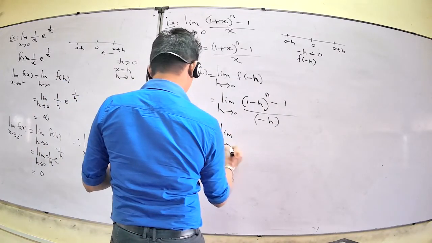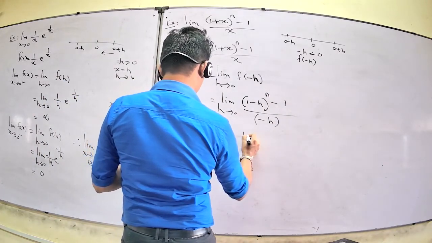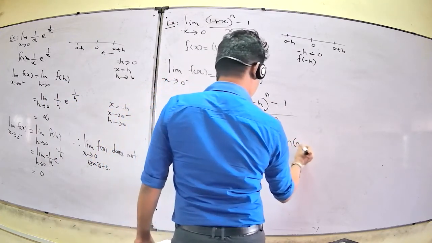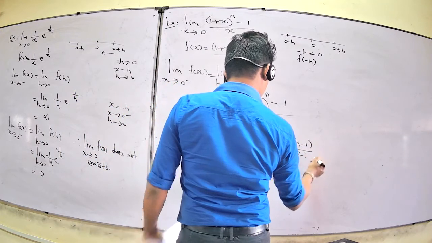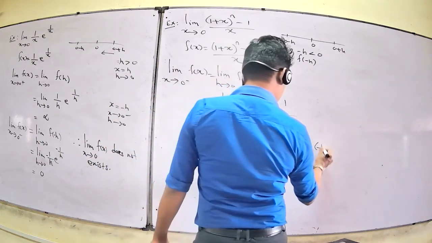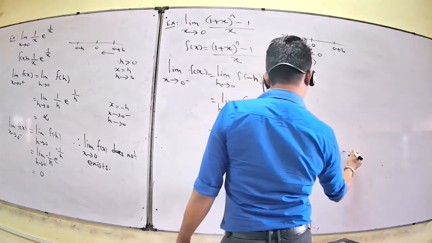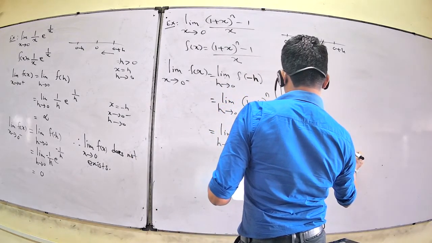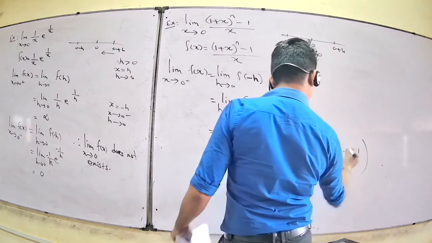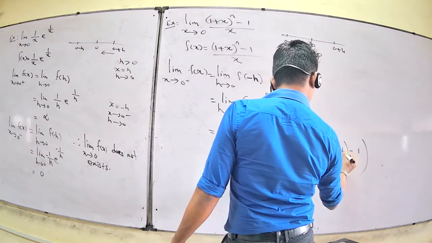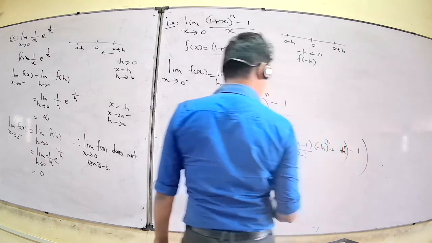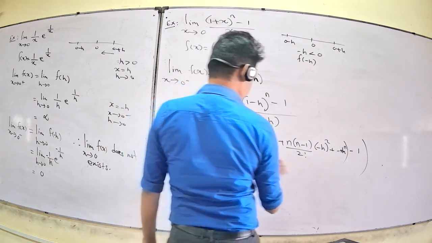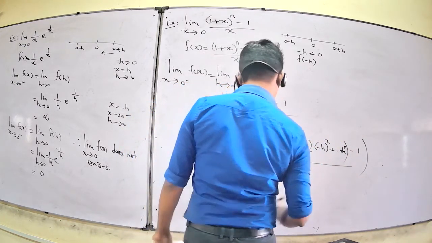The limit as h tends to 0 of 1 plus n times minus h, plus n into n minus 1 over 2 factorial times minus h squared, and so on up to the last term, which should be h to the power n, minus 1, over minus h.